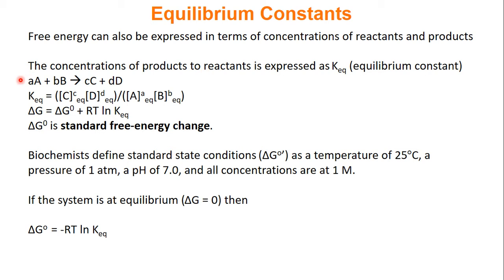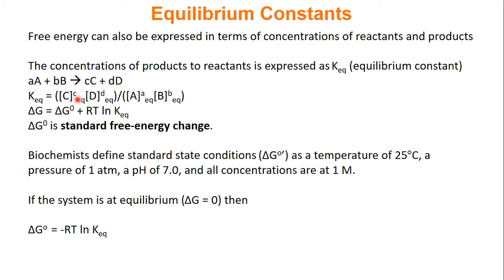So for a generic reaction of a moles of A plus b moles of B, your reactants, going to c moles of C plus d moles of D, your products, Keq is simply the concentration of products divided by the concentration of reactants.